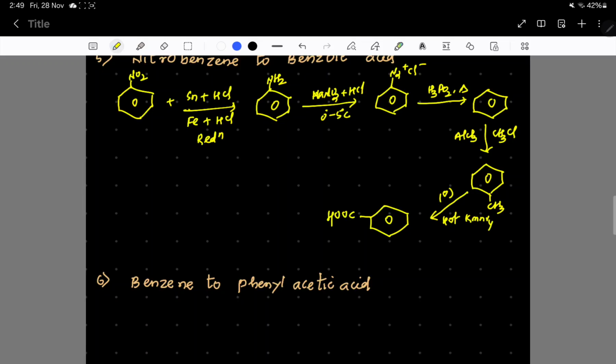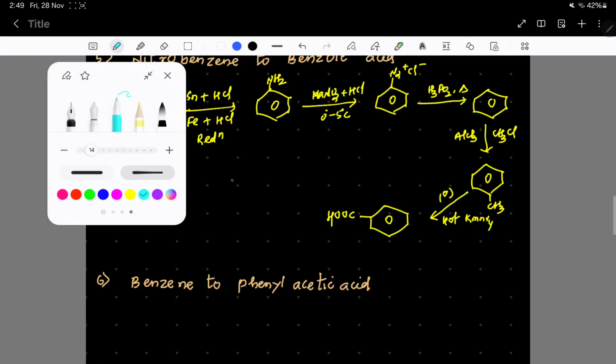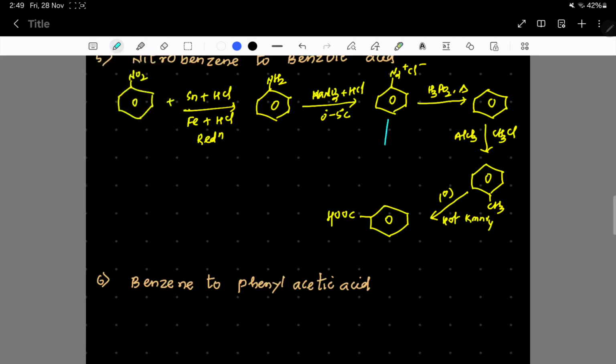Or here also you can do one more process, student, from here onwards. From here you can react with CuCN, right? Now this is converted into cyanobenzene. Now this cyanobenzene on hydrolysis, you will get acid as the product.